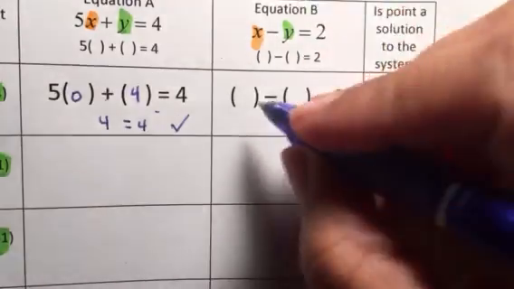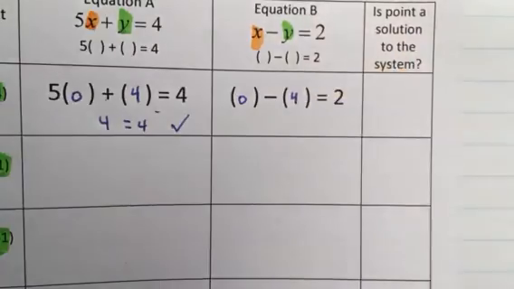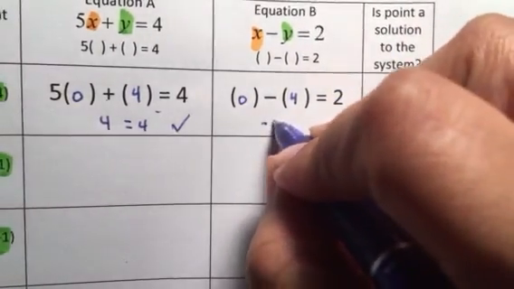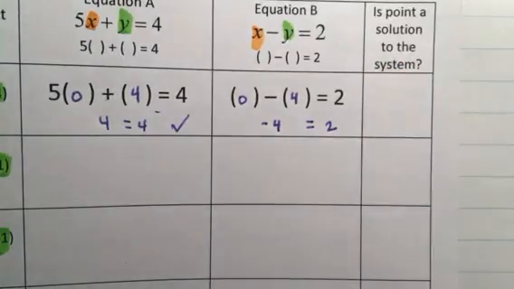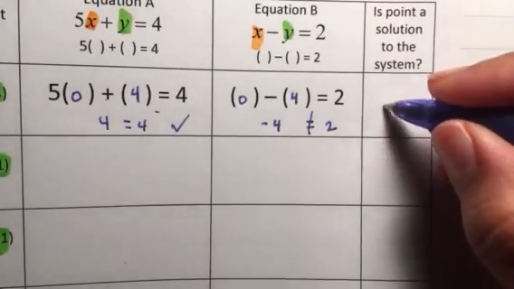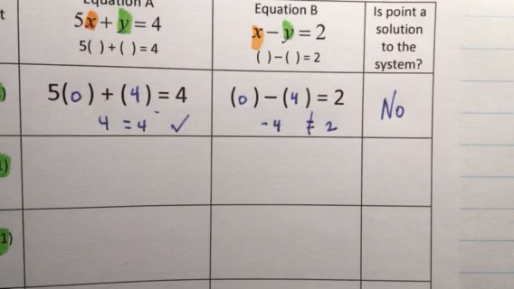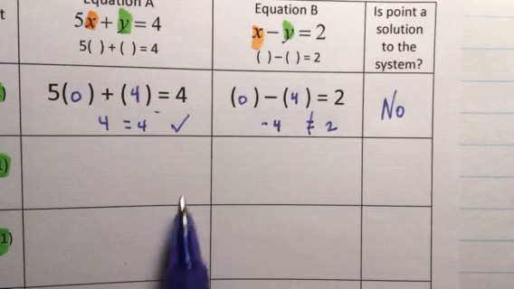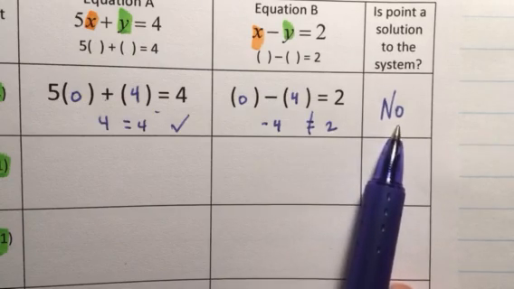My x was 0 and my y was 4. 0 minus 4 gives me negative 4. Is negative 4 equal to 2? This is not a true statement, so this is not a solution. So is this point a solution to the system? No. They both have to be true.